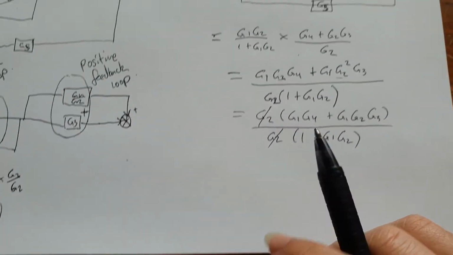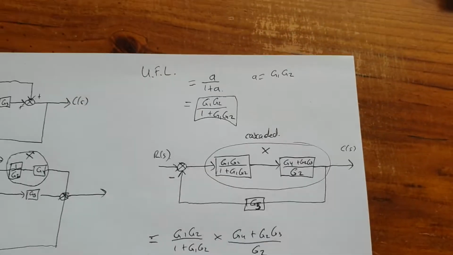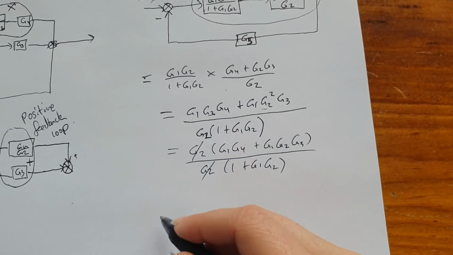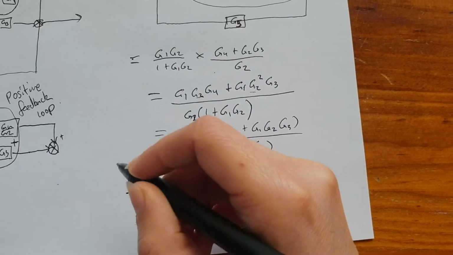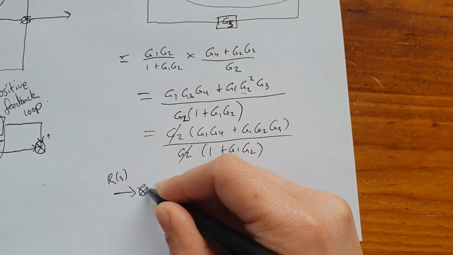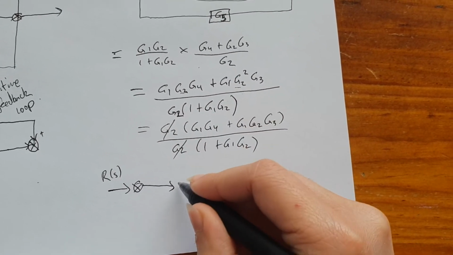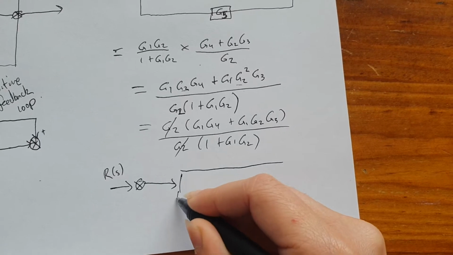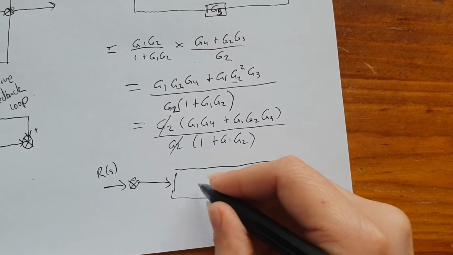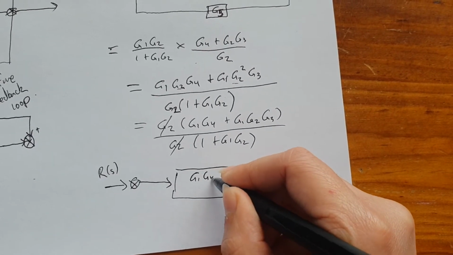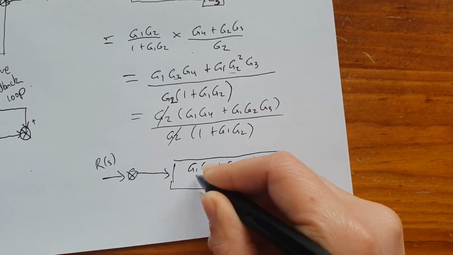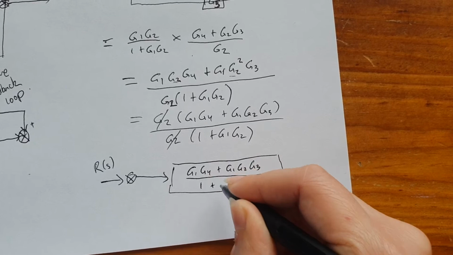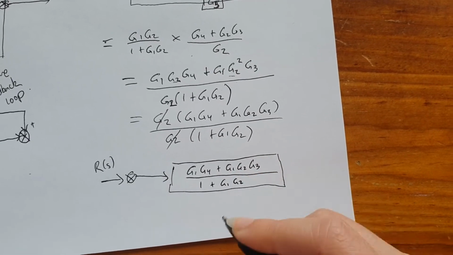Let's write that out again in our system diagram. So we have our R in our summation into our big new formula: G1, G4 plus G1, G2, G3 over 1 plus G1, G2.